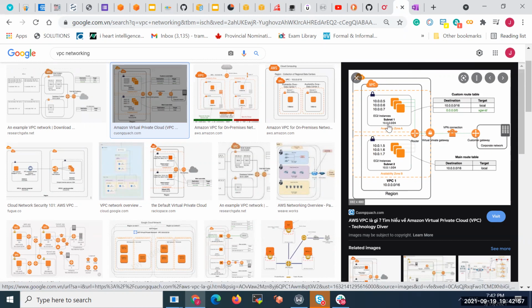In each region you will have different availability zones. So you can divide it into different zones, and you will have different services in here. And in each zone, you will have the subnets that are available, as you can see here.